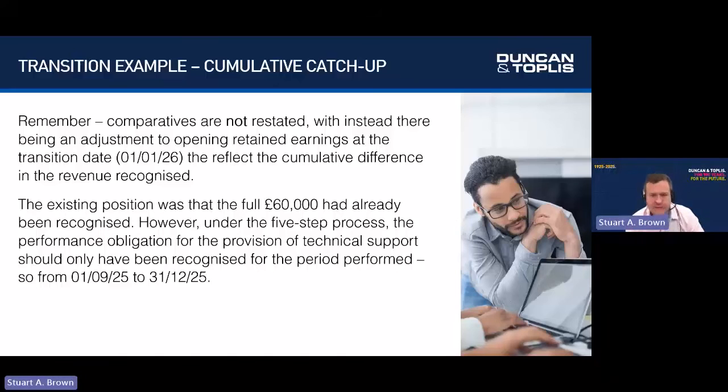So the existing position in this example was that the full £60,000 had already been recognised. However, under the 5-step process, the performance obligation for the provision of that technical support, the £15,000 element, needs to be recognised over 12 months. So to the end of 2025, we should have only recognised 4 months of that element.